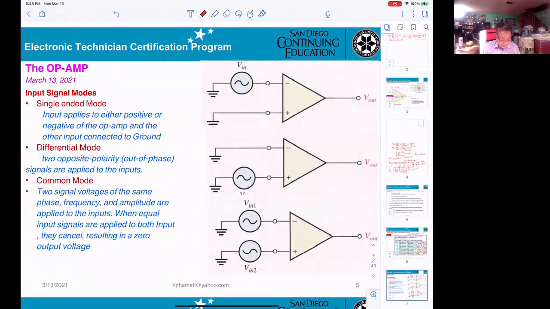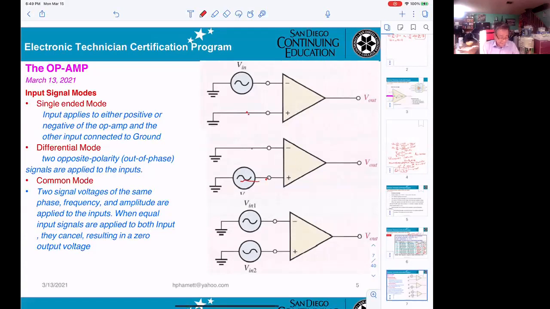Okay, input signal. Single-ended mode, they just explain to you. Single-ended mode means you apply only one input. The other input will be grounded. Either way, you apply to negative, positive grounded, or apply to positive, negative grounded.